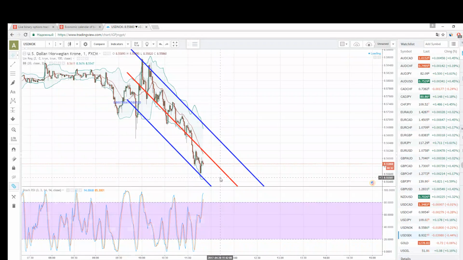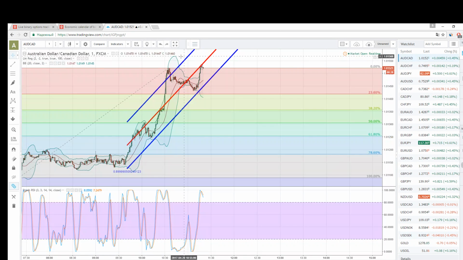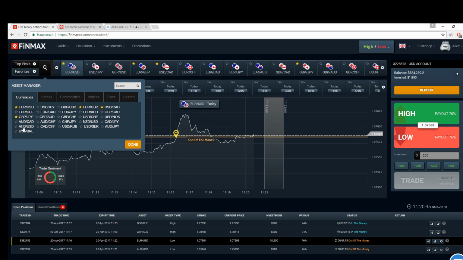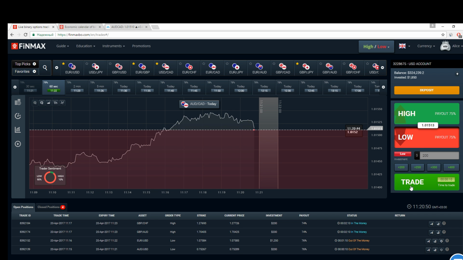Meanwhile, let's see what we've got on the market, what opportunities we have. So here I see an opportunity to enter for low for 1 minute. Let's see if this option is available currently. Okay, let's enter.